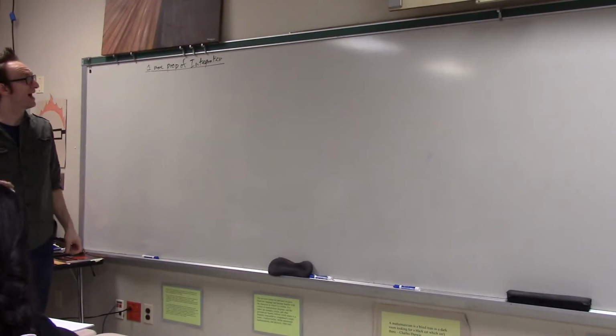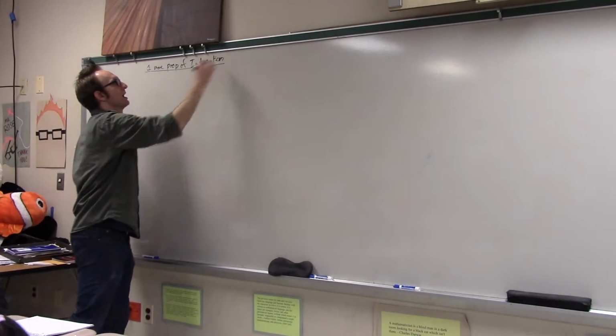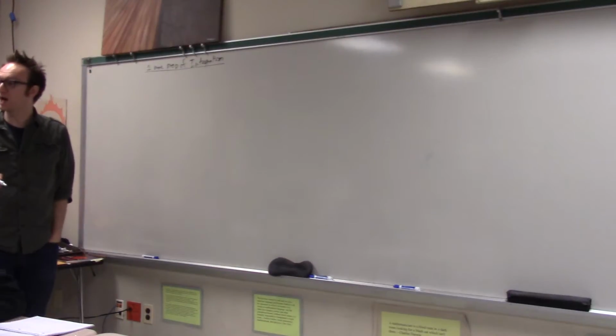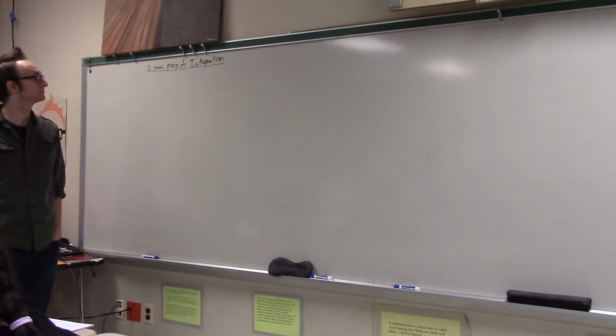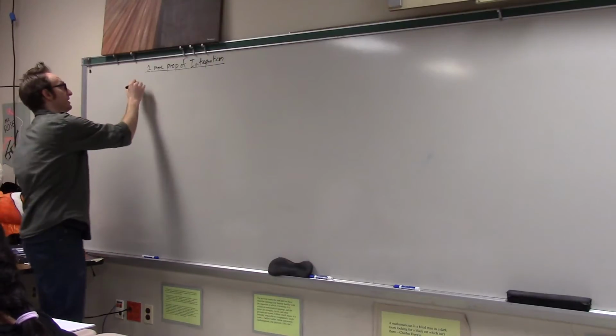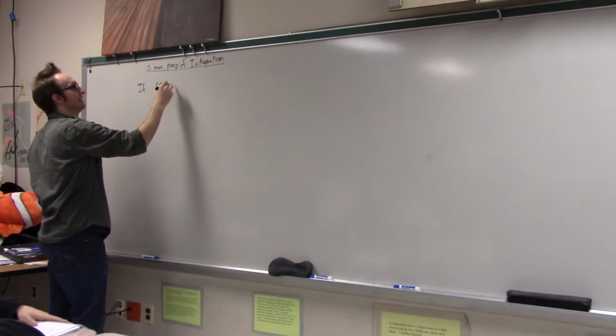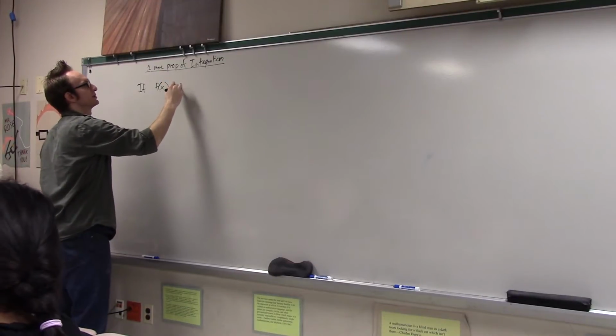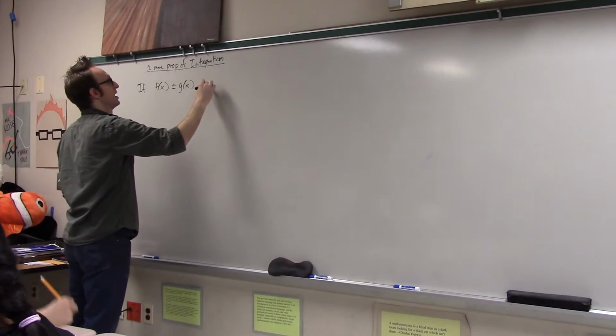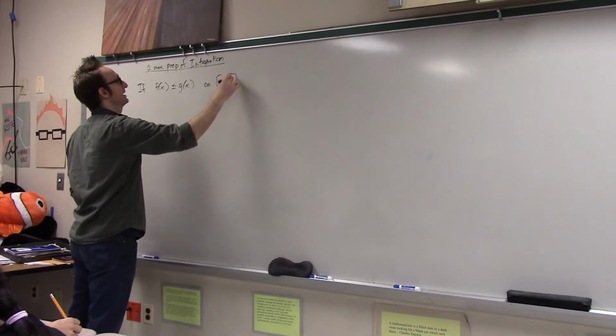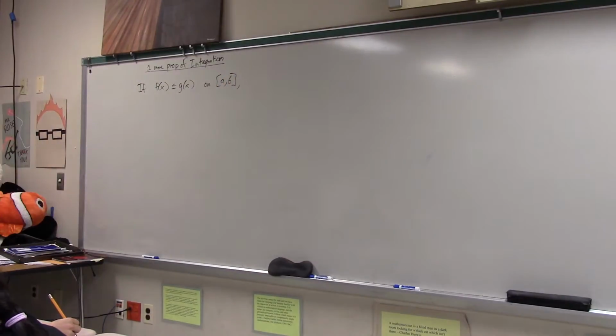It says that if some function f is less than or equal to some function g on some interval ab, then what do you think we can say about the integral?